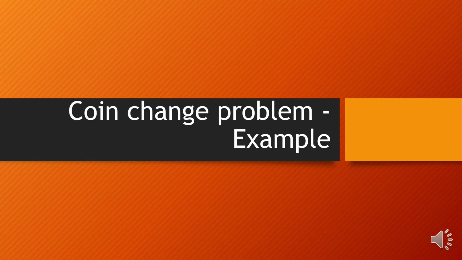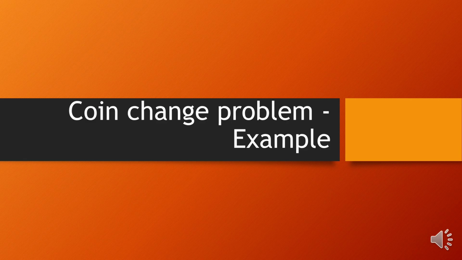Now we will see examples related to the coin change problem. We all know what the coin change problem is. Let's recall that. The coin change problem is a problem in which there are some coin denominations using which we have to make change for an amount using the smallest number of coins, or fewer coins.